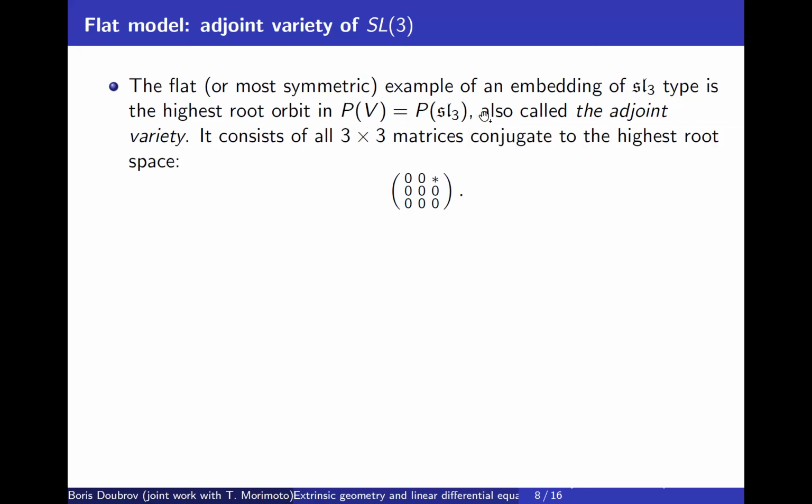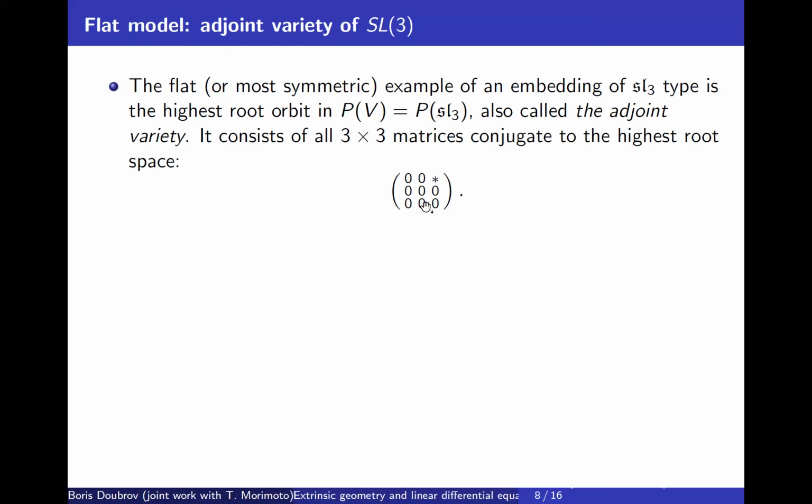You consider what is called the adjoint variety, but there is a much easier way to describe it. We just look at all 3x3 matrices conjugate to the highest root space, which in this case is just a one-dimensional subspace in the 3x3 matrices.